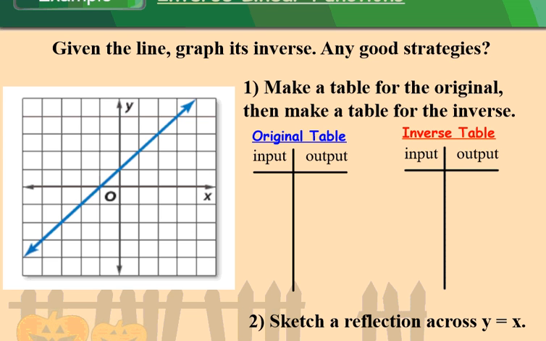So here's the original. Well, I need to pick some points here. So get a few points. 4 is good enough. So the first one, 1, 2, 3, 4. So -4, -3, -2, -1, 1, 2, 3, 4. There are some original points. Now what the inverse points would be, the inverse.